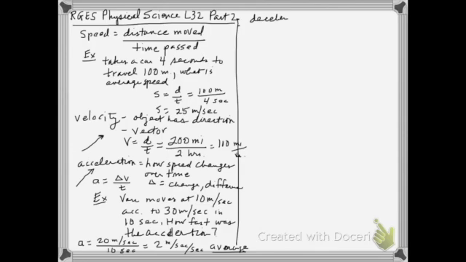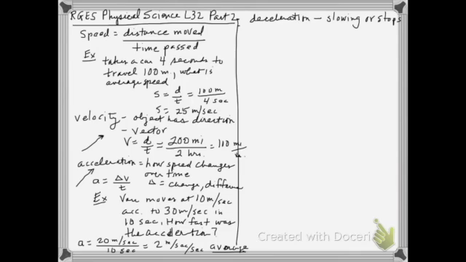So deceleration is kind of the opposite of acceleration. Deceleration would be something that's slowing or stops. So something decelerates, you're looking at how much is it decreasing its speed over a period of time, right?